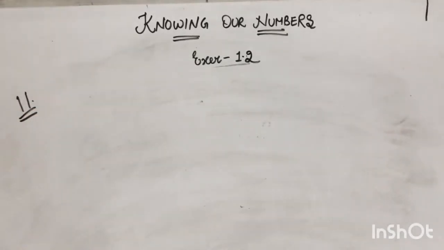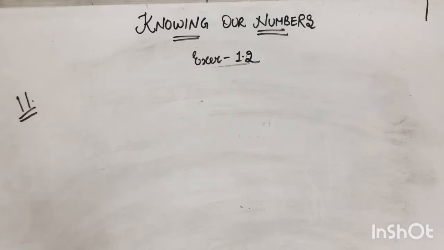Next is 11th question. The distance between school and the house of a student is 1 kilometer 875 meters. Every day she walks both ways between her school and home. Find the total distance covered. Now again what you will do, first you will convert the units.